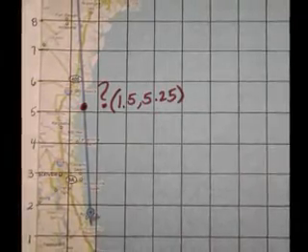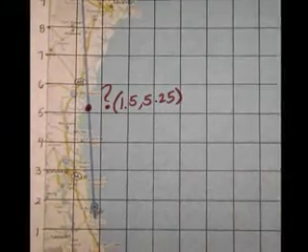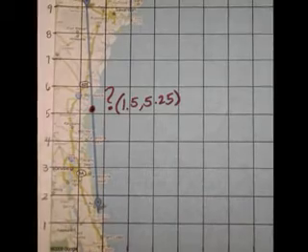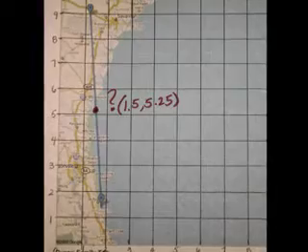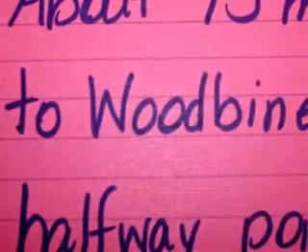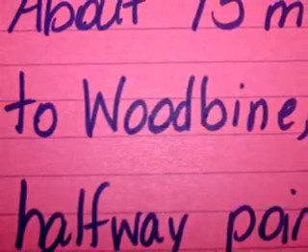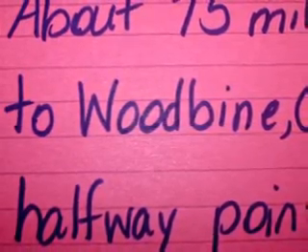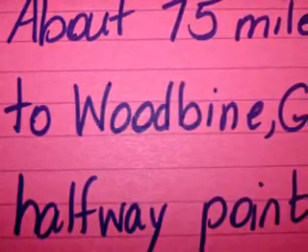Here you can see where the Dysons marked the midpoint of the trip on their map. This is how they figured out that Woodbine, Georgia is about halfway between the two places. Using the midpoint formula, the Dysons figure out that they will travel about 75 miles to Woodbine, Georgia in Camden County before they will stop.